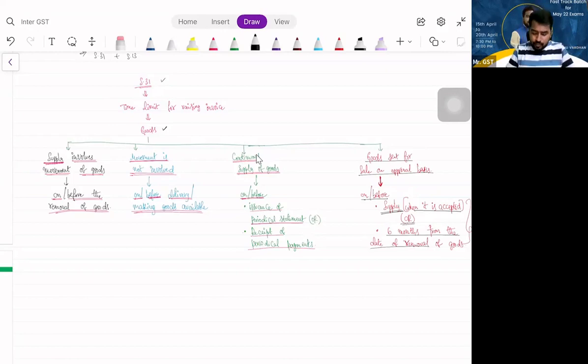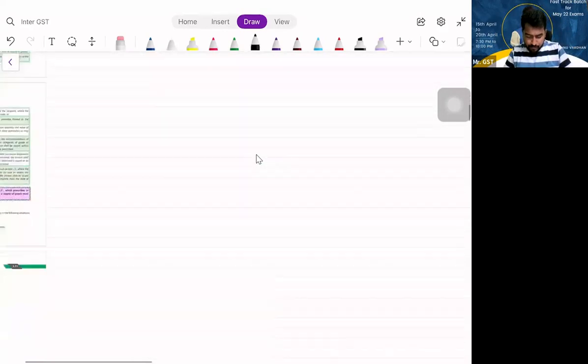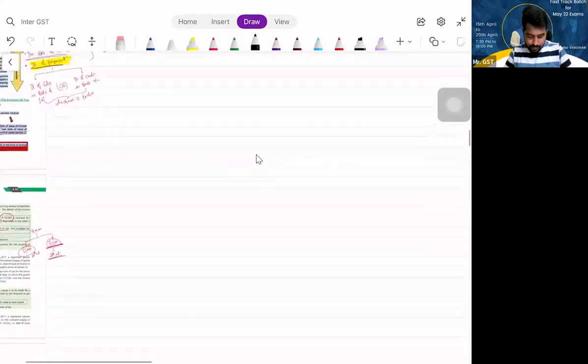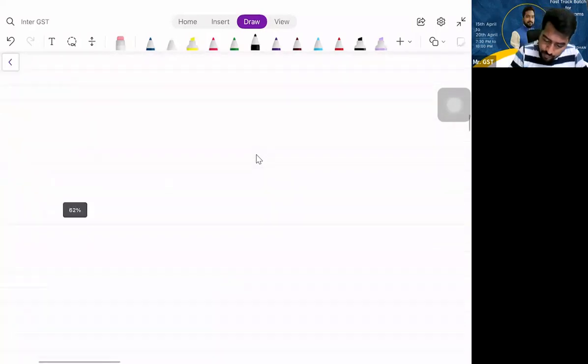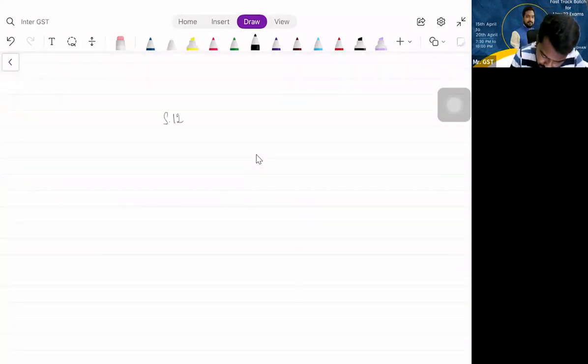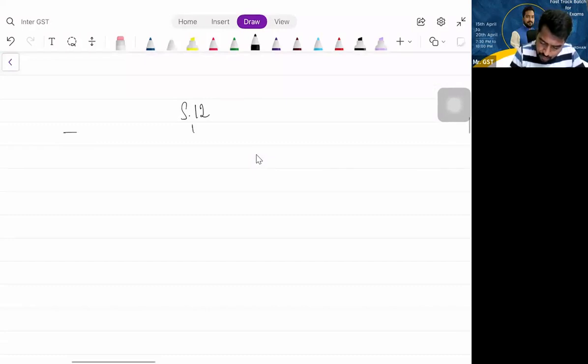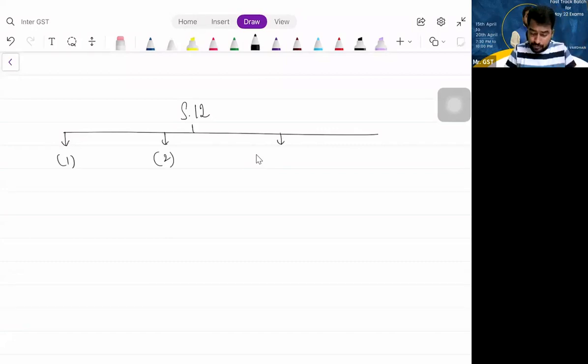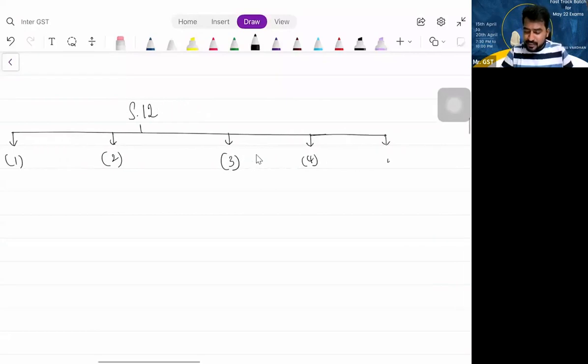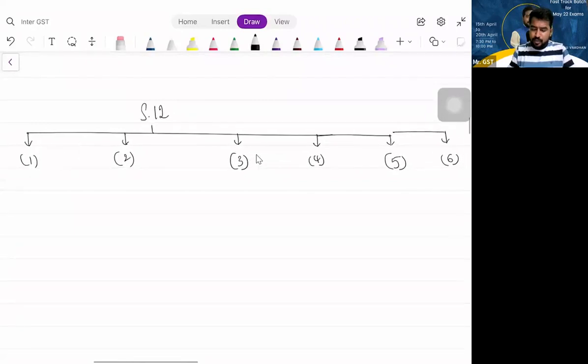So now please understand, coming to section 12, we have subsections 1, 2, 3, 4, 5 and 6. Don't copy this; it is just for my explanation purpose.